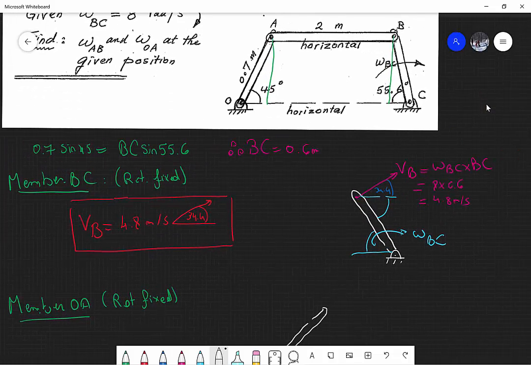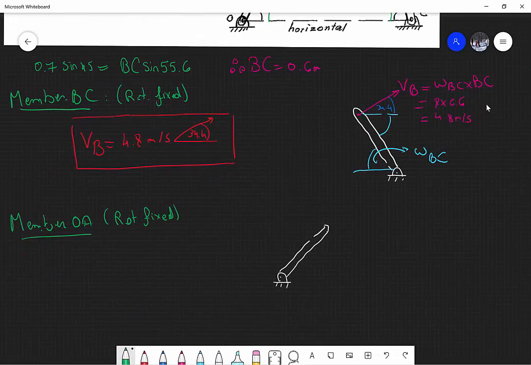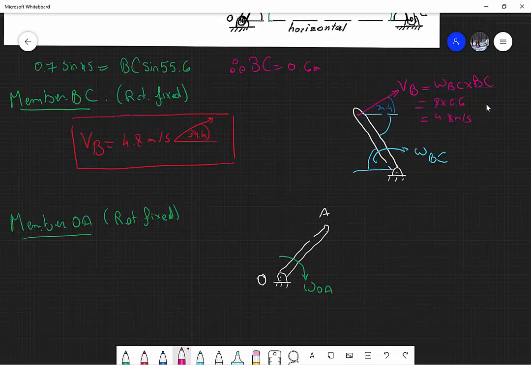If the BC is rotating with omega angular velocity clockwise, therefore also OA will have an omega in the same direction, clockwise. So we know already that the omega of this member OA will be in this direction, right? So this is O and this is A. Now we need to get the VA.